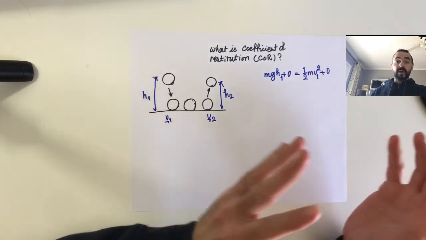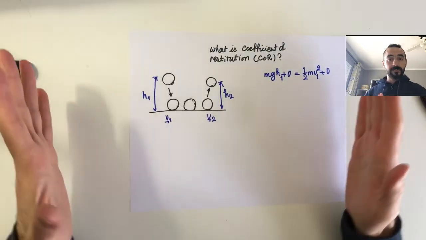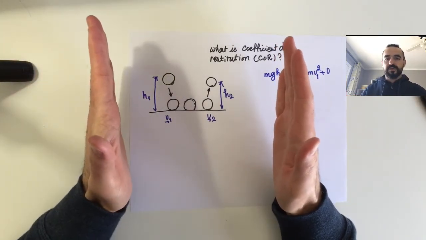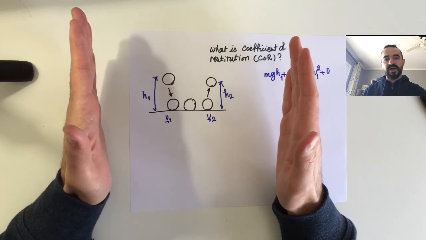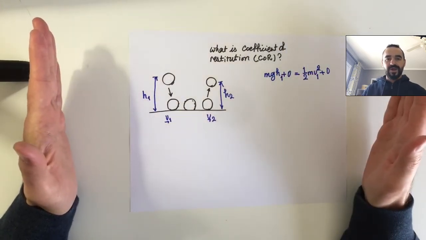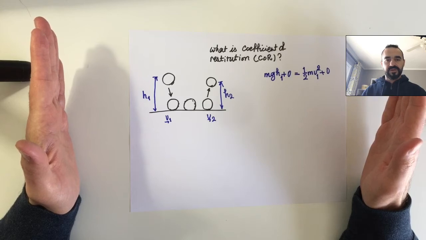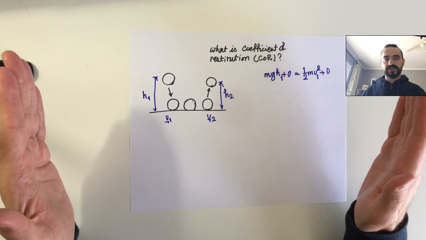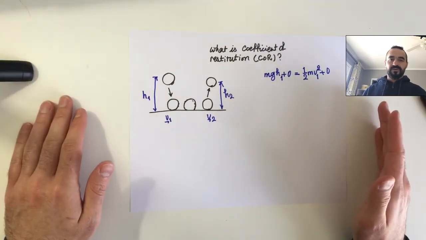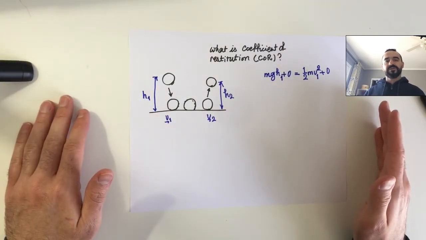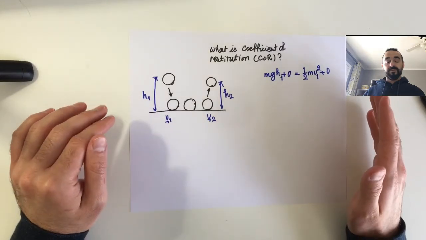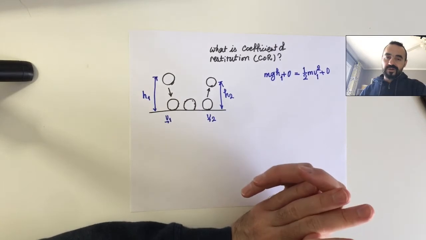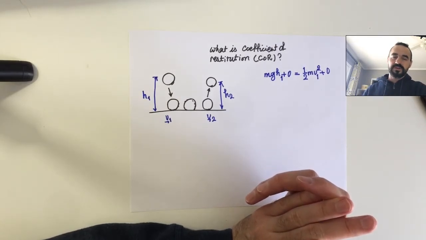Because if you think of the ball as a spring, the spring compresses, stores elastic potential energy, and then decompresses and releases energy. During this process, some of the energy is lost. And because we have lost energy, the ball doesn't quite go back to the initial height.